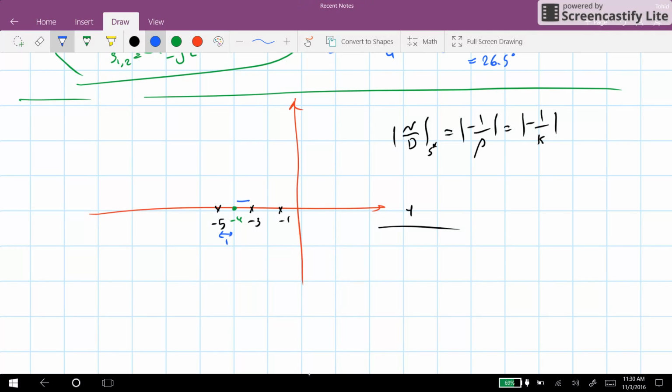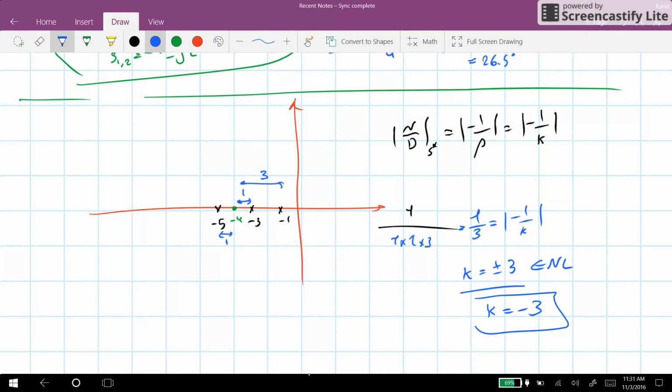Here we will have 1, 1, and 3. So 1 times 1 times 3, which gives 1 over 3. And this is equal to the amplitude of minus 1 over k. As a result, k is equal to plus minus 3. But since k is in the negative locus, we will have k equal to minus 3.